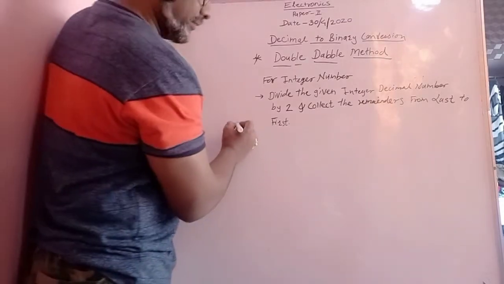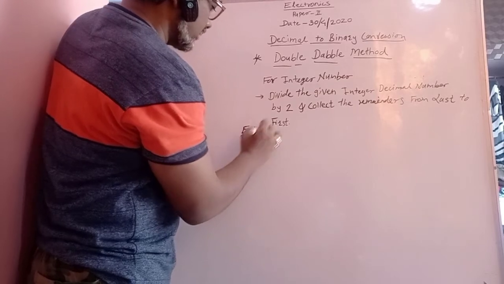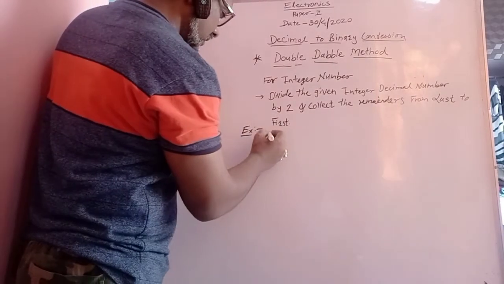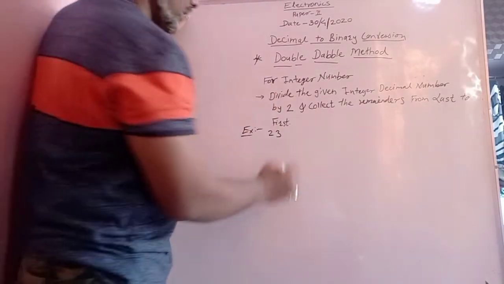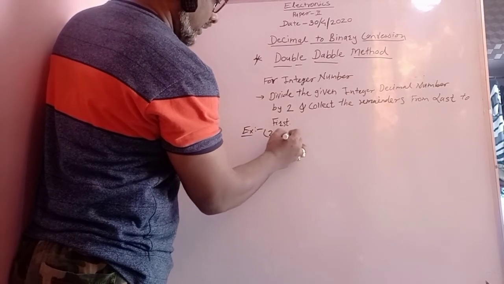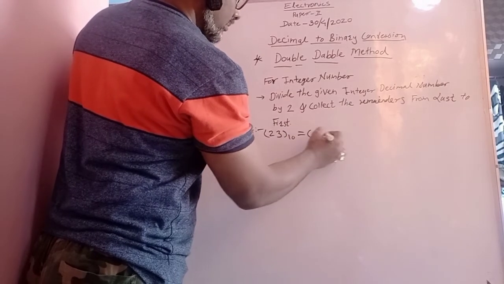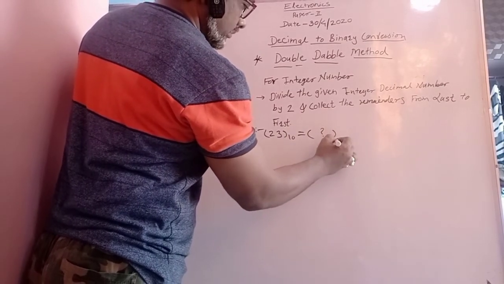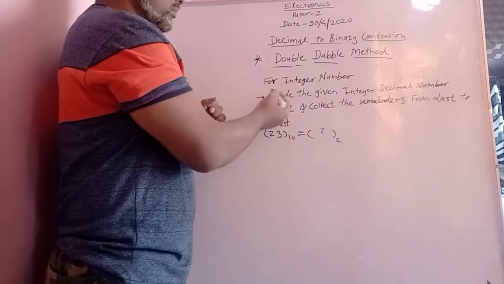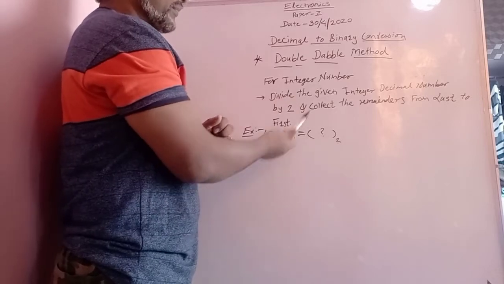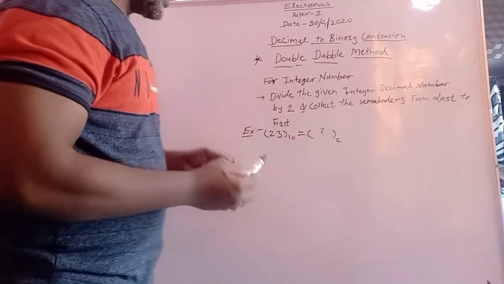Let us see the example. So consider the number is say 23. Okay, for a simple example we consider the number 23, which is a decimal number. You have to convert it into binary. How are we going to convert that? So you have to divide this given integer number by 2 successively and collect the remainders. Okay, let us see.